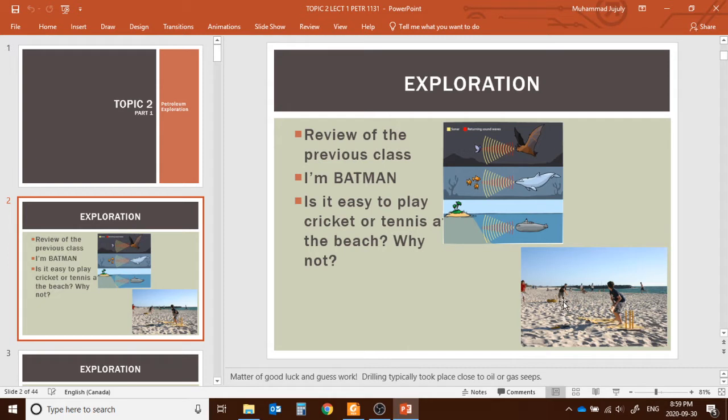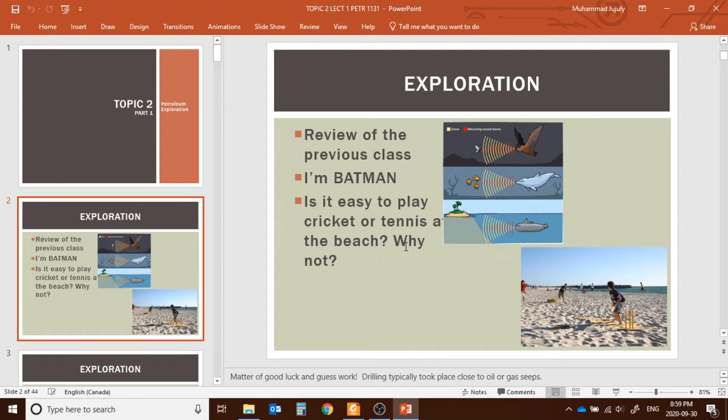Now think about sound. It's the same principle. In a soft object, the sound would be absorbed, but in a hard object, the sound would be reflected better. This is the same principle by which sonar works, because the bat, the whale or the submarine emits a very high frequency sound.